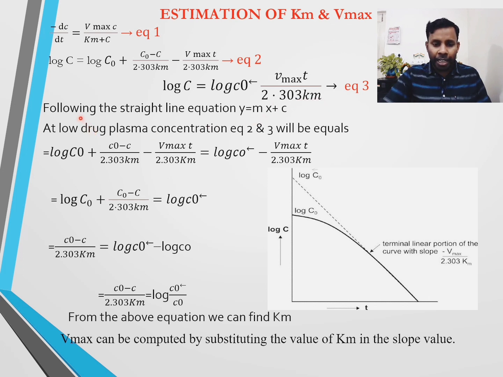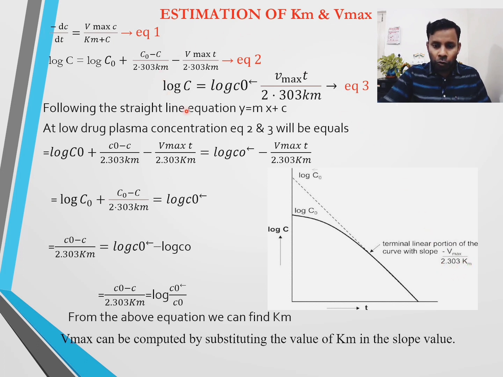So this is the equation of a straight line, y is equal to mx plus c, where y is log C, x is t on the x-axis, and the slope will be minus Vmax by 2.303 Km. See here the terminal linear portion of the curve with slope minus Vmax by 2.303 Km.